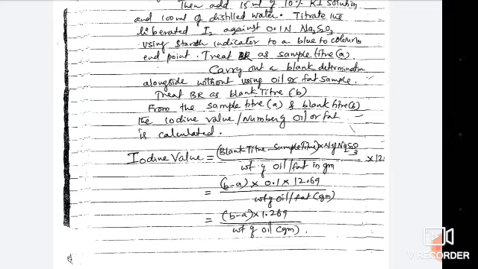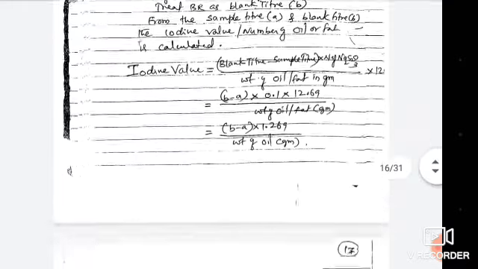Then it can be written as B minus A into 0.1 into 12.69 divided by weight of oil or fat in gram, or one can write B minus A into 1.269 divided by weight of oil or fat in gram.